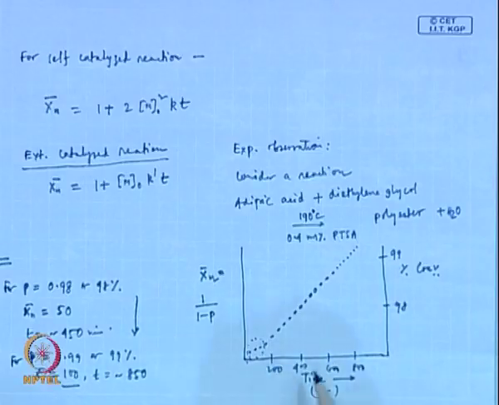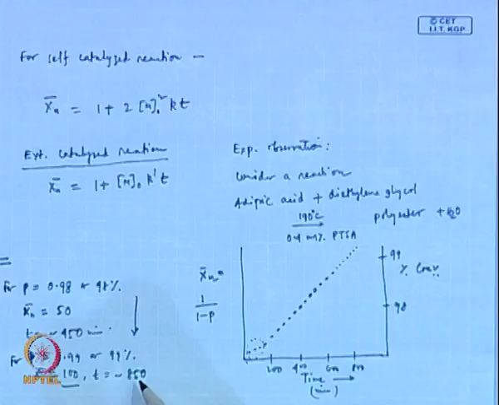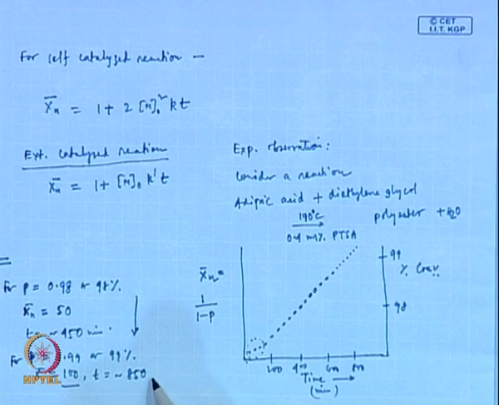Now, because you have to keep this reaction going for a longer time, sometimes that poses some difficulties in terms of the stability of the chemical species present, and as we have seen, this is typically done at higher temperature, which means that if we keep this for so long, there is a possibility that the polymeric species might degrade and form color species, which is not desired.